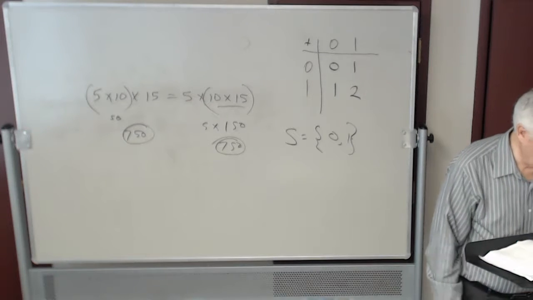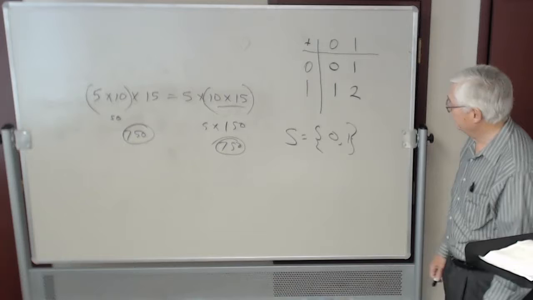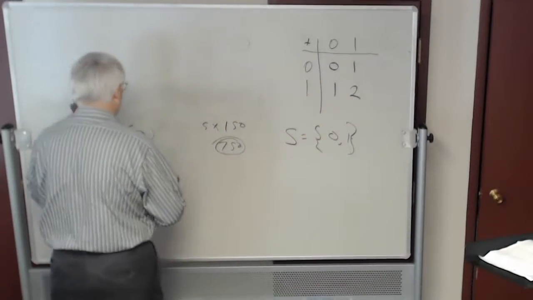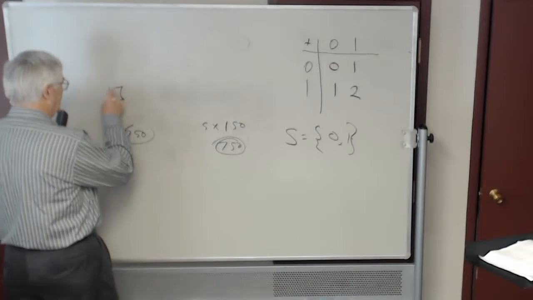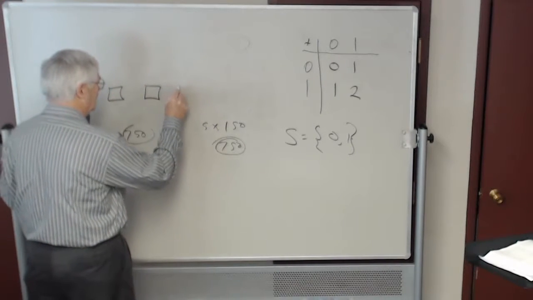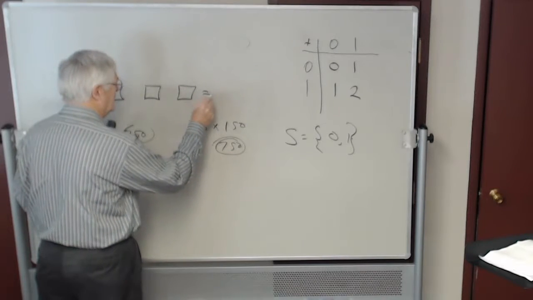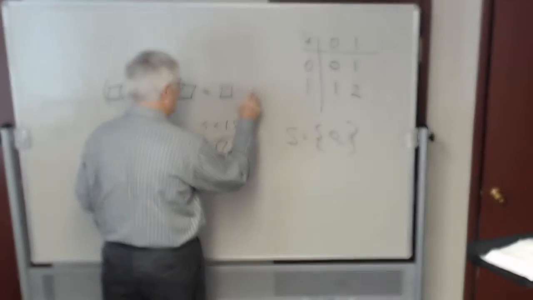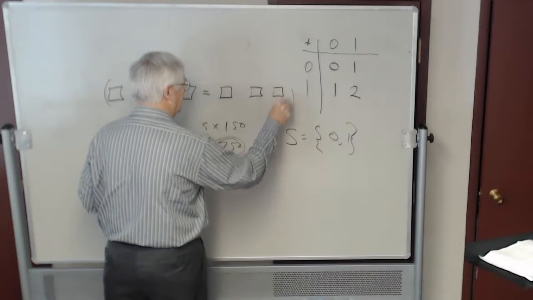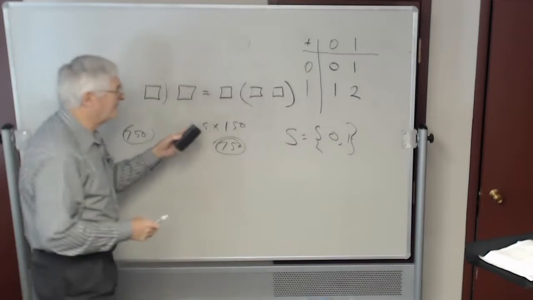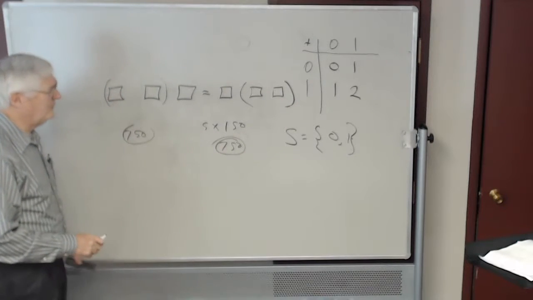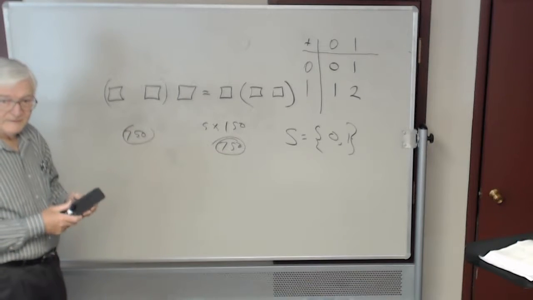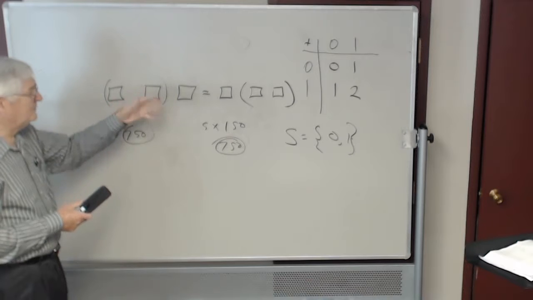Give an example of an operation where it's not associative. Associative would be what? 1, 2, 3 equals 1, 2, 3. And you figure out an operation where you can put 0 and 1 in there. What are the operations you have to deal with? Add, subtract, multiply, and divide.